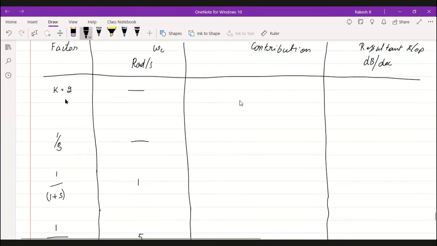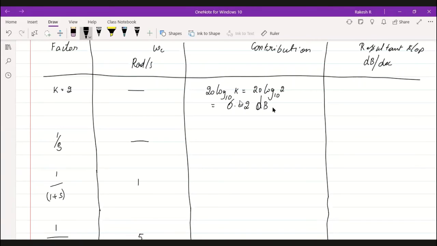Now the contribution. Magnitude contribution for this value of k will be 20 log base 10 of k. 20 log base 10 of 2, find out the value of this: 6.02.